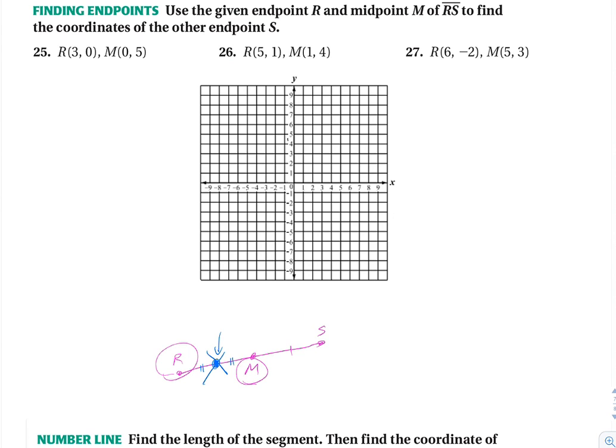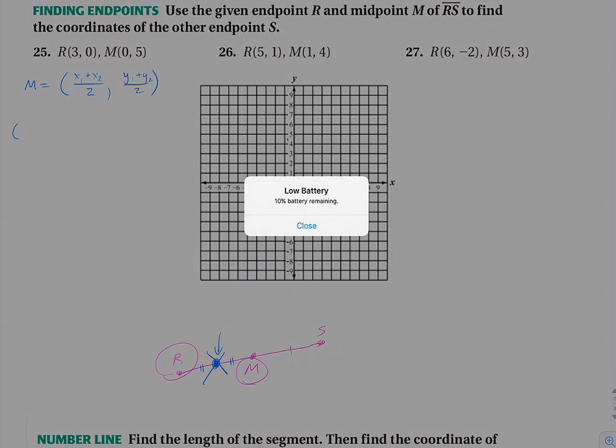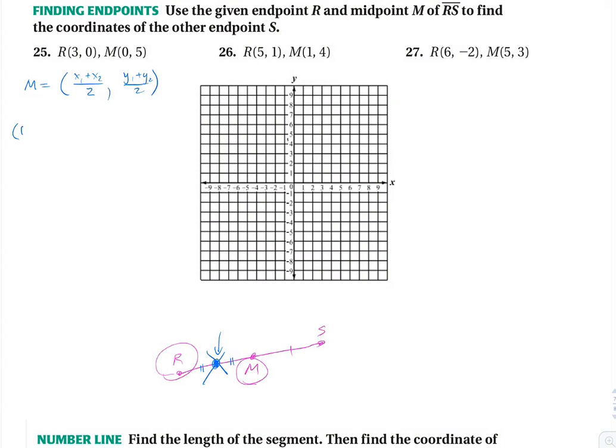Now we can use the formula, but we don't just plug it in like we used to, right? Think about it. The midpoint is equal to the average of the x's and the average of the y's. So if we want to use the formula, we plug the midpoint into the midpoint. Oh, dang, little battery. We plug the midpoint in here. I mean, that's correct.